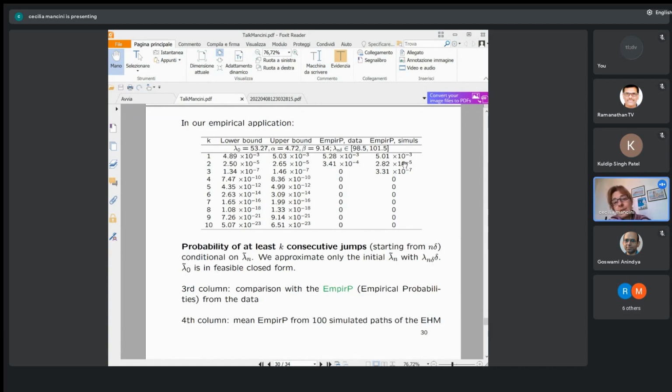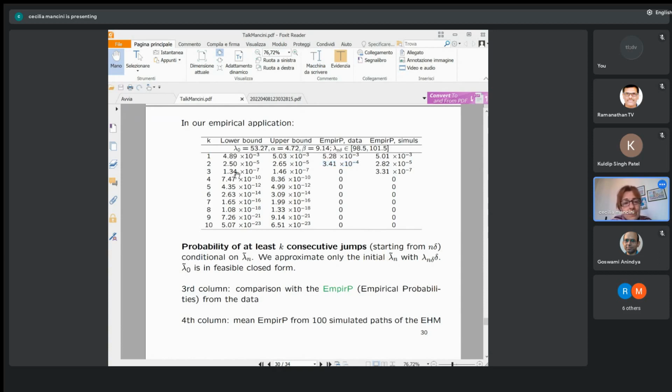However, among the 100 simulated paths used to produce this average number, there are some paths producing this amount of observed occurrences of two consecutive jumps.